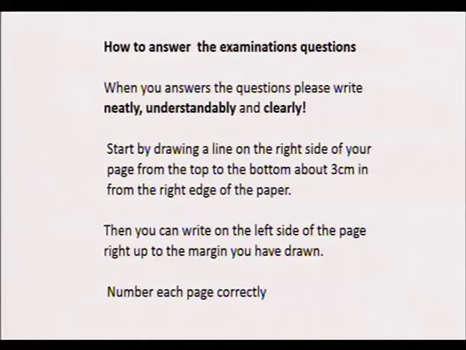Now, how are you going to answer your examination questions? When you answer the questions, please write neatly, understandably, and very clearly. It makes it so much easier to mark your question papers. Start off by drawing a line on the right side of your page from the top to the bottom, about 3 centimeters.